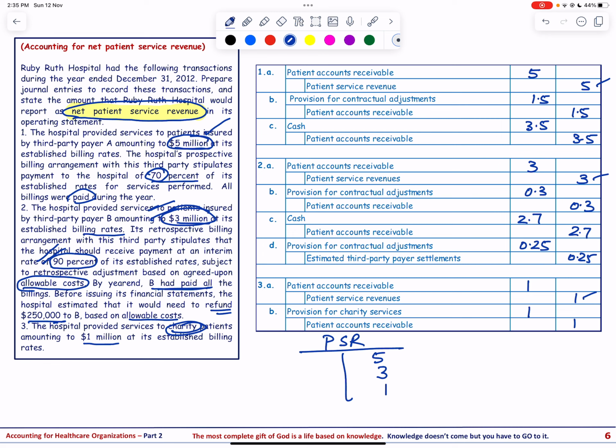So we have patient revenue 5 and 3 is 8 and 1 is 9. So we have a total gross patient service revenue of 9 million, and from this we are going to subtract the contractual adjustments.